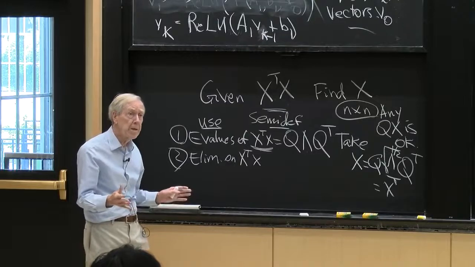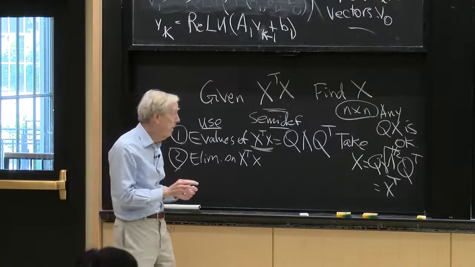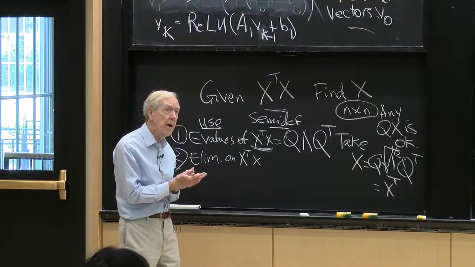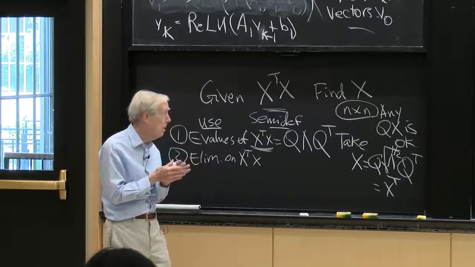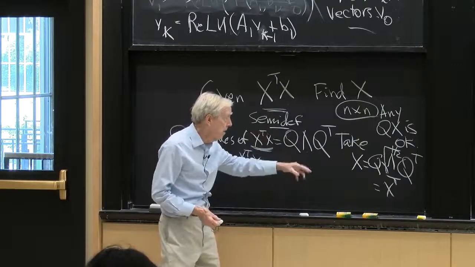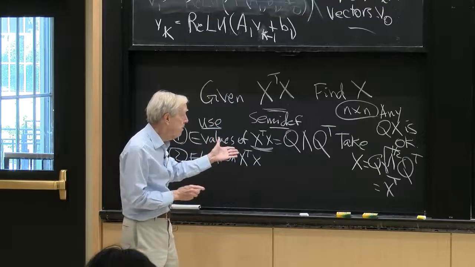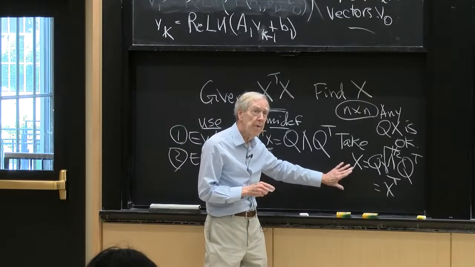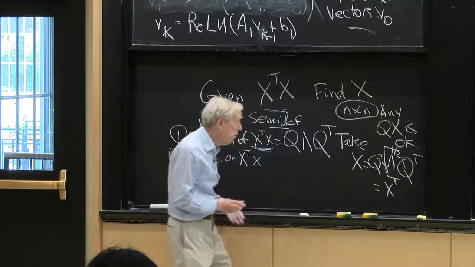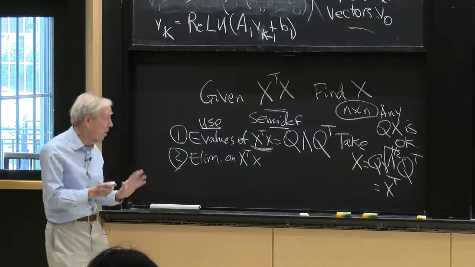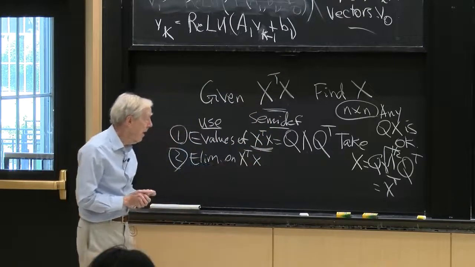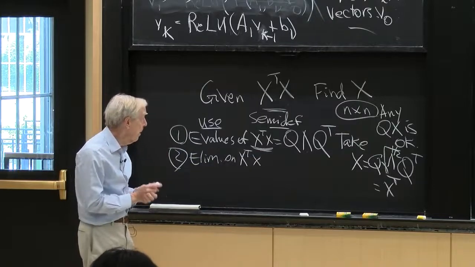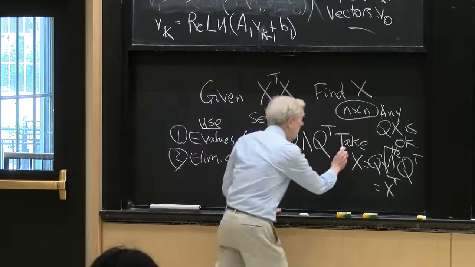So in a few words, take the square roots of the eigenvalues and keep the eigenvectors. That's the eigenvalue construction, producing an X that is symmetric, positive semi-definite. That might be what you want. It's a little work because you're computing eigenvalues and eigenvectors, but that's one choice.